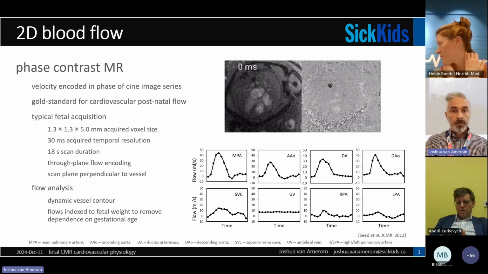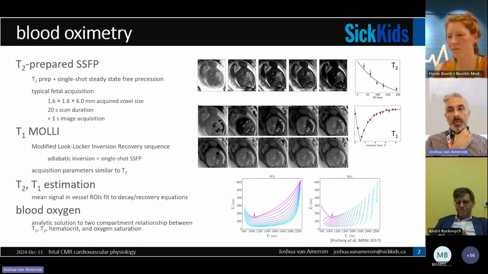And so you can see we've been able, with a Cartesian 2D phase contrast, to measure flow in a variety of vessels as well as congenital heart disease fetuses, which I'll talk about in a couple of slides.